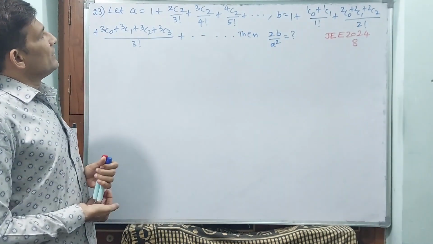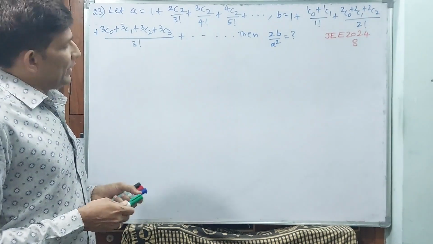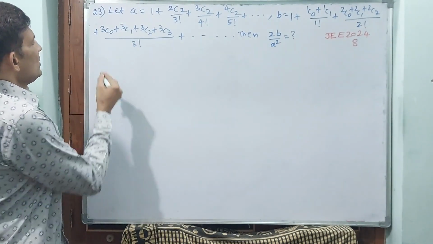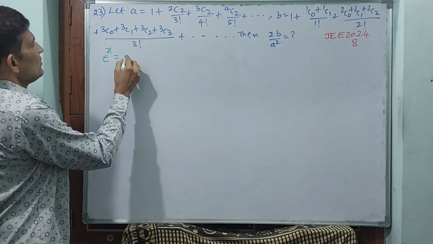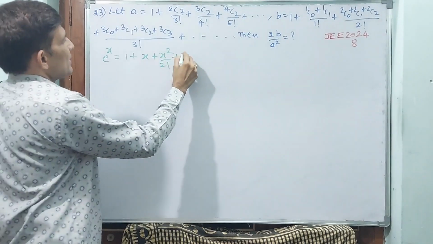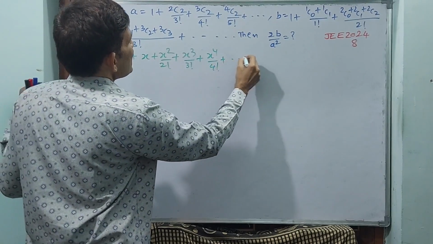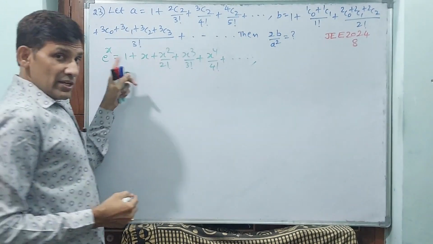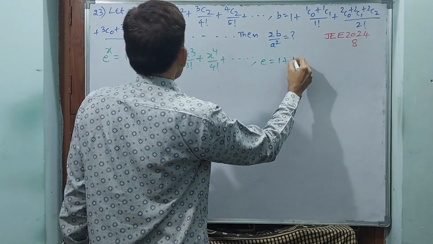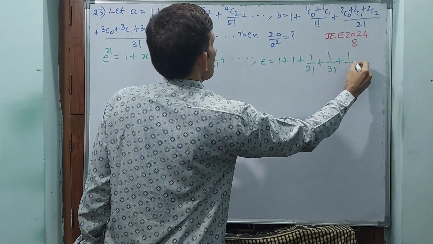Okay. See, this is not that easy a question, and you should know the value of e. See how I am writing. e^x = 1 + x/1! + x²/2! + x³/3! + x⁴/4! + and so on. Here I will also write e¹ and e². e = e¹ = 1 + 1/1! + 1/2! + 1/3! + 1/4!.